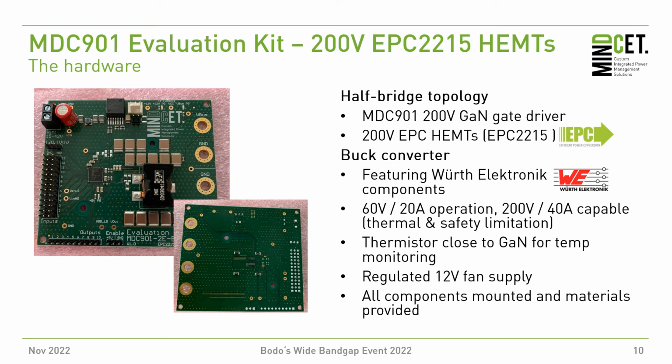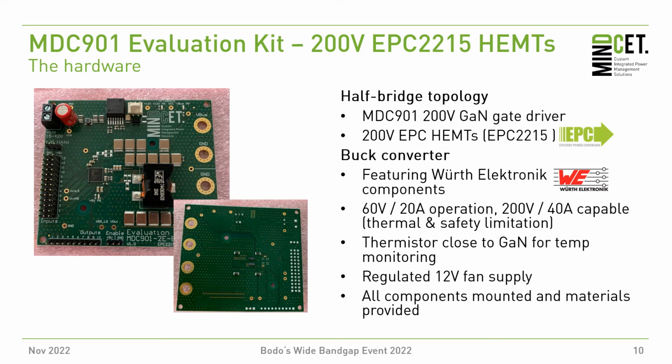We have tested also a third evaluation board with our MDC901 gate driver. This one uses the EPC 200 volt GaN HEMTs, and we have not taken it into account with the other two as a direct comparison because the voltage range is even more diverging. So here we really look more at higher voltage applications.